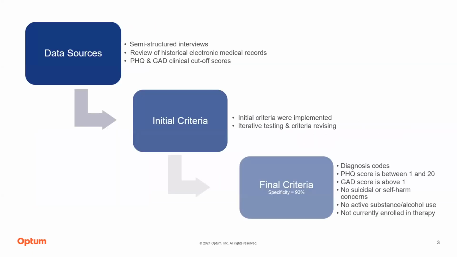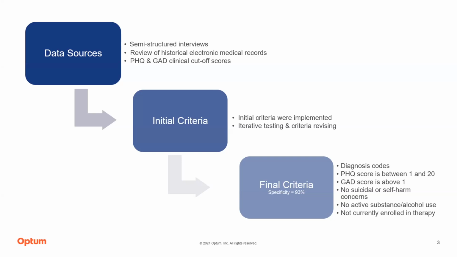We used a very broad approach initially to look at different data sources that may feed into our eligibility flag. We did semi-structured interviews with our behavioral health integrated clinicians who had been referring patients to this digital mental health care first model for over a year at the time of the interview.